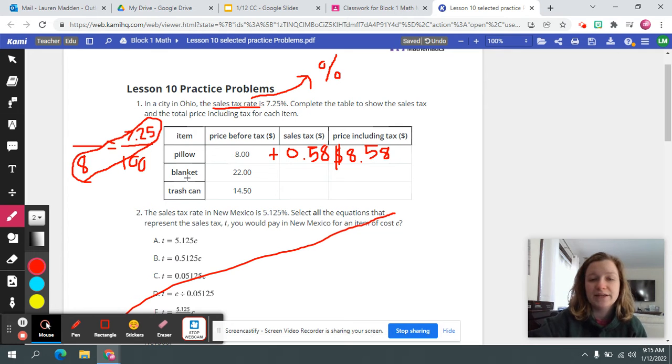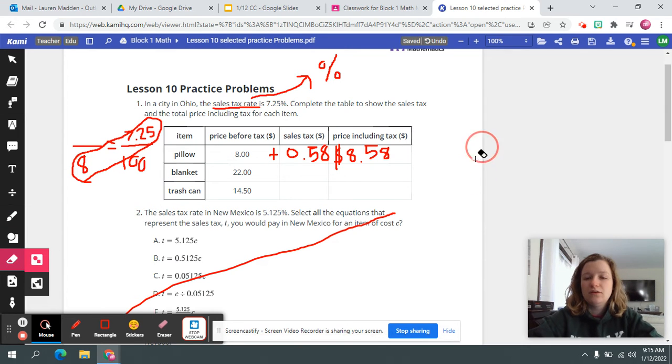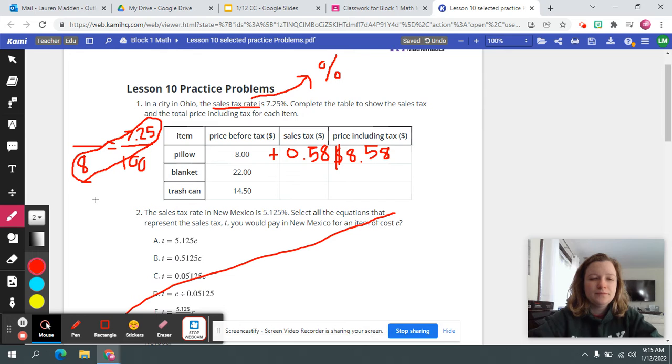$22 for a blanket. Same sales tax percentage. So we've got our $22 on the bottom, our 7.25% here, and my 100 on the bottom. So I'm going to do 22 times 7.25, and then divide it by 100.